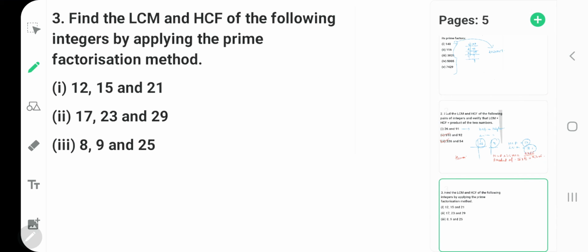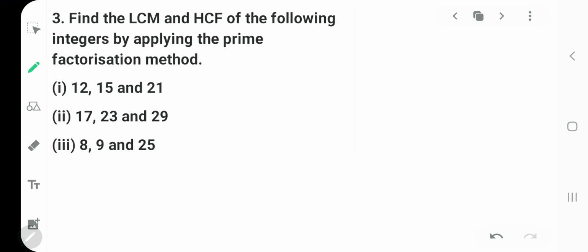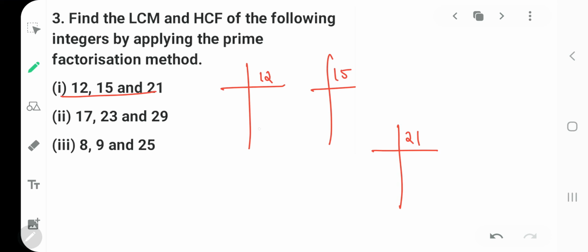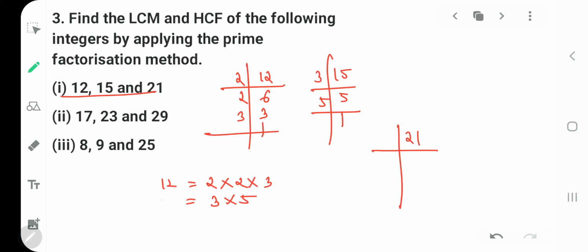In your question number 3, they have asked find the LCM and HCF of the following integers by applying prime factorization method. So you have your numbers as 12, 15 and 21. Yes, you have to get the prime factors. Prime factors of 12 are 2, 2, 3, and for 15 you have 3 and 5.